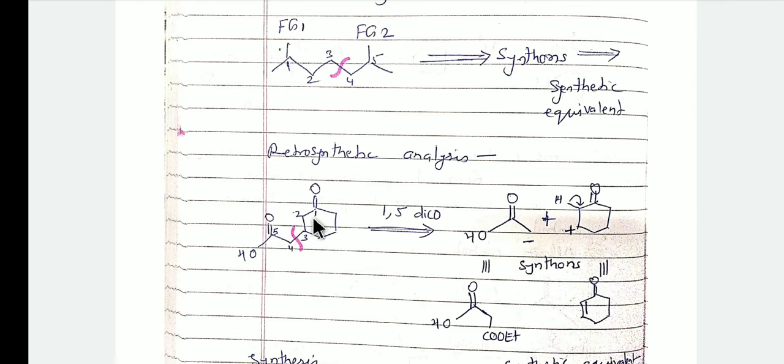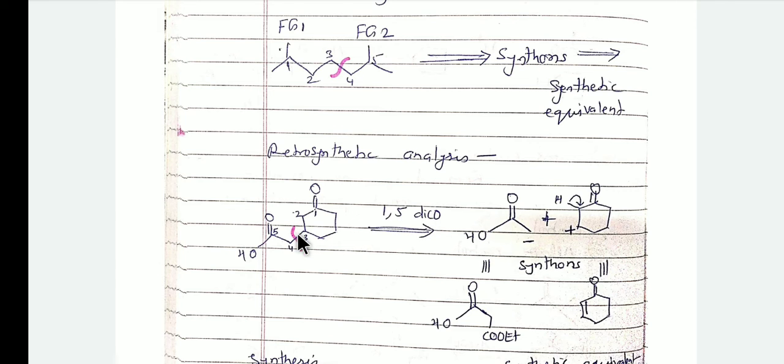So here the two functionalized compound is this, and the two functional groups, C double bond O and C double bond O, are present. So we write here diCO, meaning two functional groups are carbonyl and present at positions 1 and 5. So we can write here 1,5-diCO.